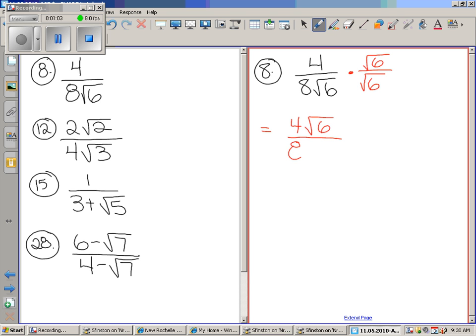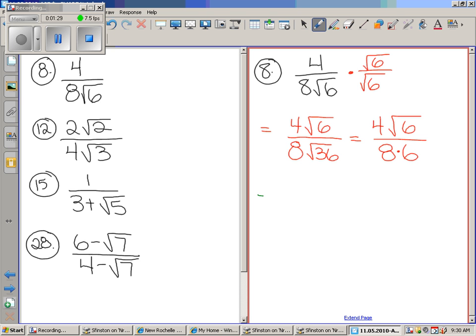Well, there's a shortcut, but we're going to take the long way right now. That's 8 times the square root of 36, because radical 6 times radical 6 is radical 36. And the square root of 36 is what? It's just pure 6. So that's 4 radical 6 all over 8 times 6.